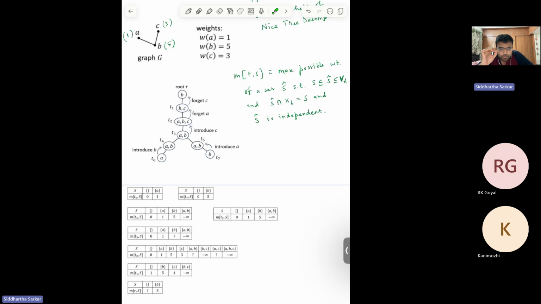VT is the union of all the bags present in the subtree of T rooted at T including XT. Okay.